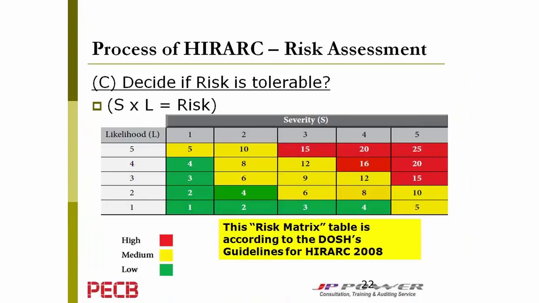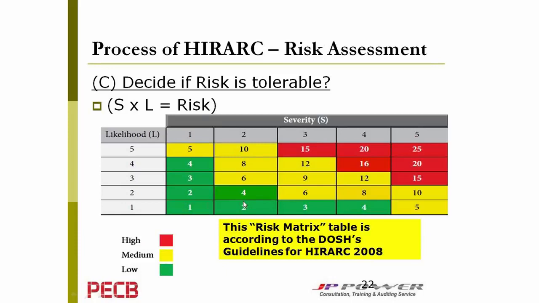And of course, that is a multiplication. For example, if the likelihood is 5 and the severity is 3, we will get 15. And if it's 15, we classify it as high risk. If it's yellow, we call it medium risk. If it's green, we call it low risk.